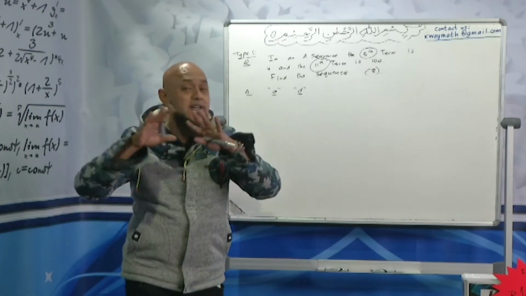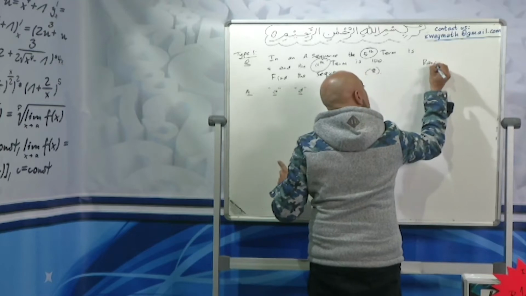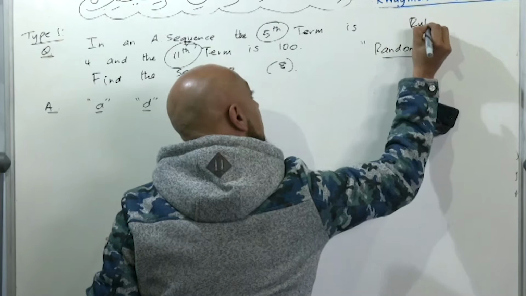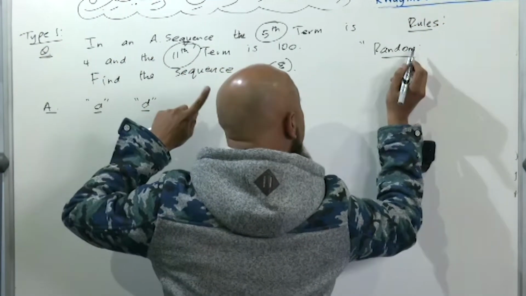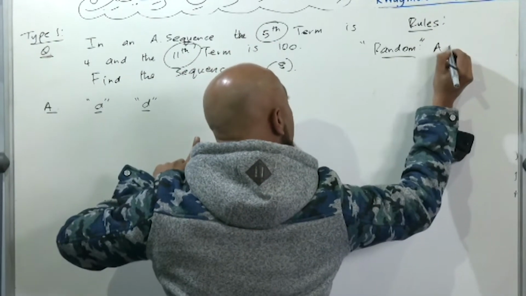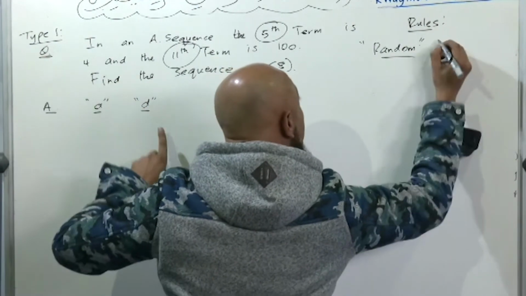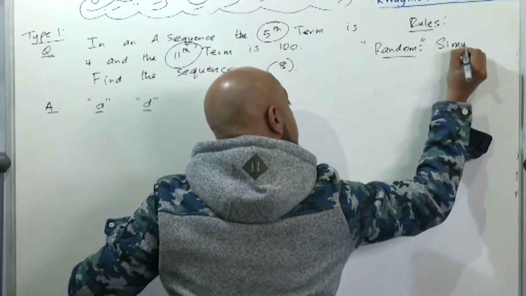This is a rule that you will never get in schools, so take down this rule. For type 1, whenever two random terms are given, whether it's arithmetic or geometric, we always use simultaneous equations.